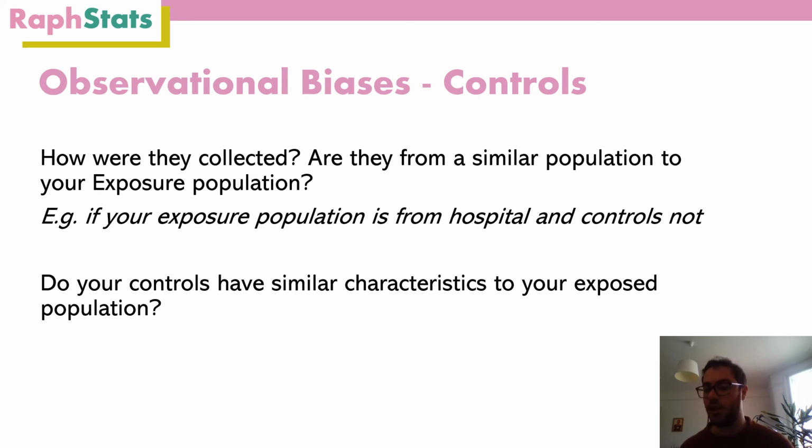In a lot of ways, they're quite similar to a lung cancer group. They have a respiratory condition, they're in the hospital, but they don't have lung cancer, and then you compare those two groups. If they are from different places, you want to look at their characteristics and see, do they have similar characteristics? And if not, you might be worried that it's those other characteristics that are driving your results.